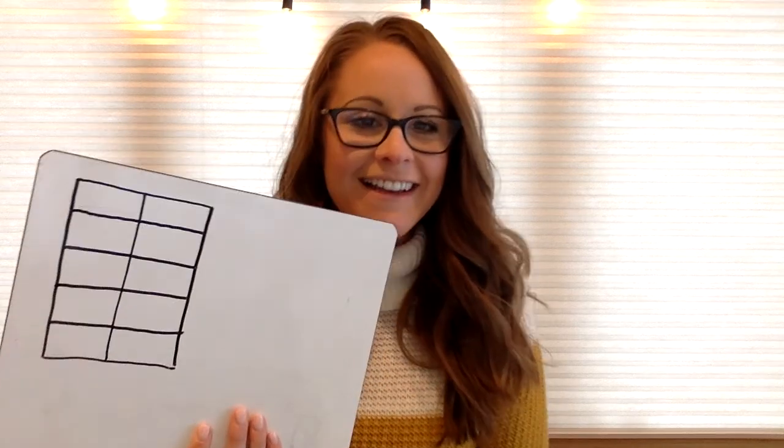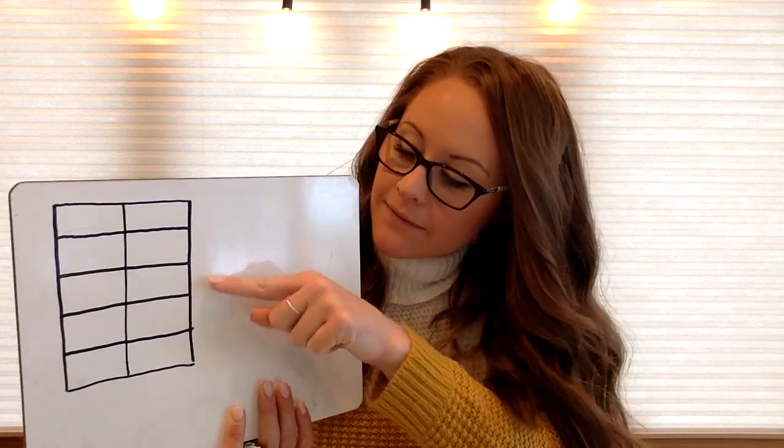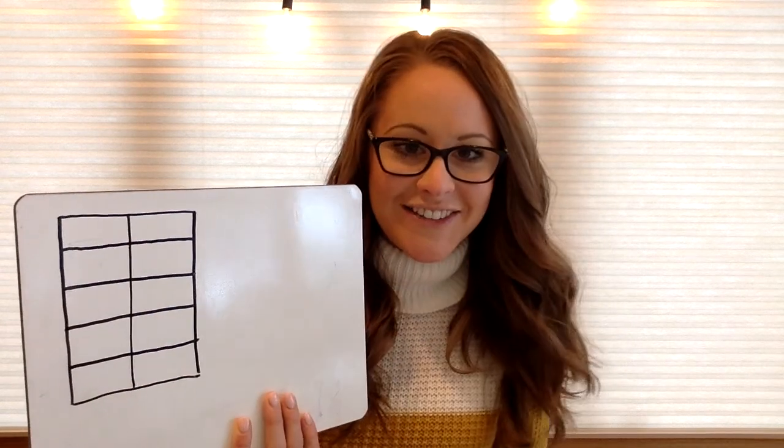I need 5 rows, so I'm going to make those now. I'm going to do 4 lines. And then there's 2 tiles in each row. So I'll make 1 line up and down. This is what mine looks like.